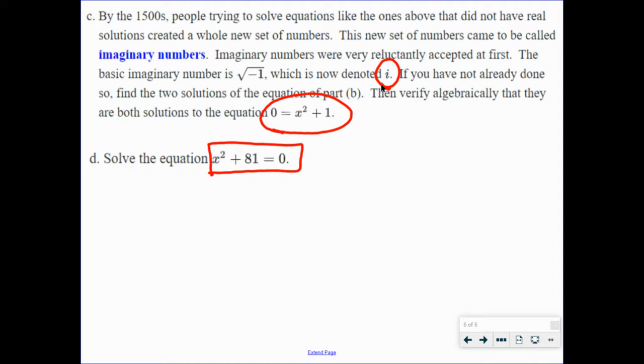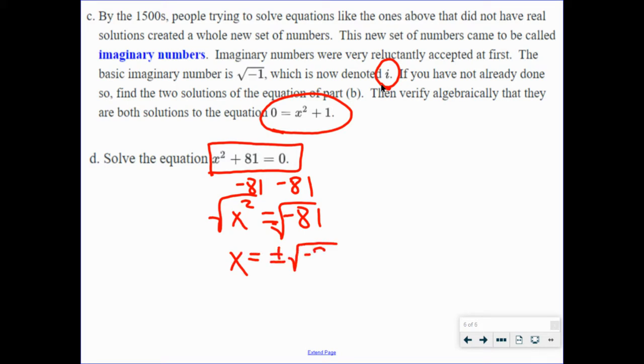And we are given x squared plus 81 equals 0. So I'm going to move that 81 over to the other side, and you have x squared equals -81. And we'll take the square root of both sides.